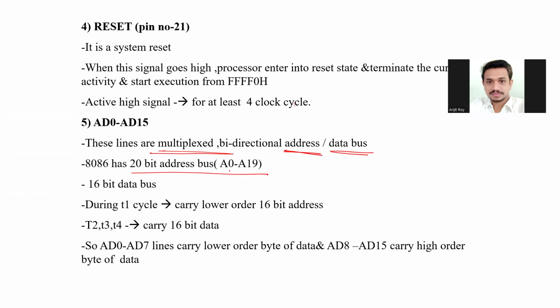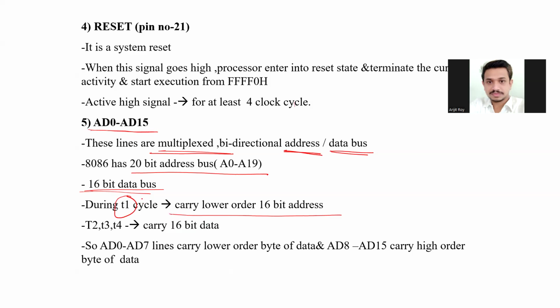And A16 to A19 work as only address bus. So, 16-bit data bus, from AD0 to AD15. During the T1 cycle, that means the first cycle, it carries the lower order 16-bit address.